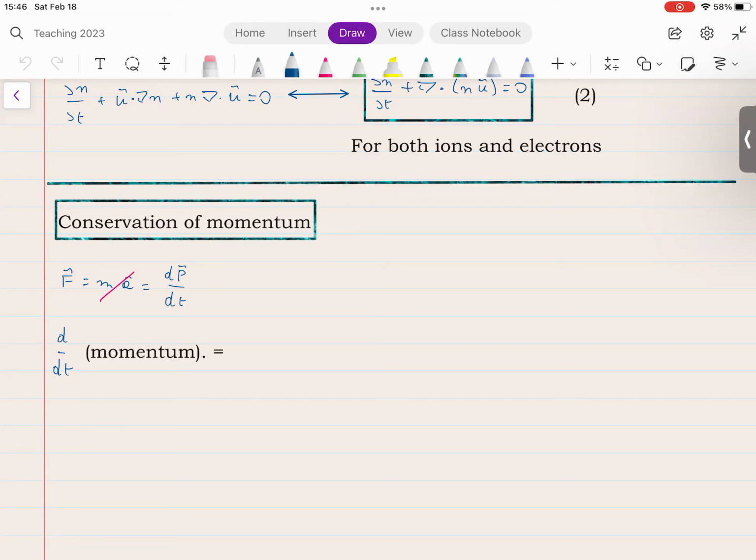And that's going to be equal to the net force or total force. And I'm just going to write force on the fluid element.